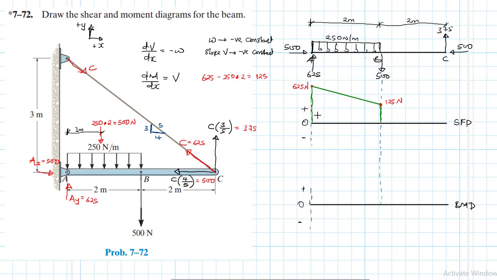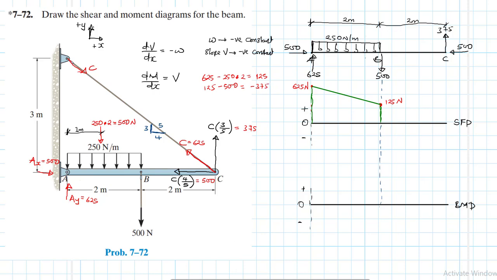And then the moment we cross at the same point B, we have a concentrated load of 500 newtons. So what this means is this particular shear from 125 will be reduced further by 500 newtons. So we have 125 minus 500, which gives us minus 375.